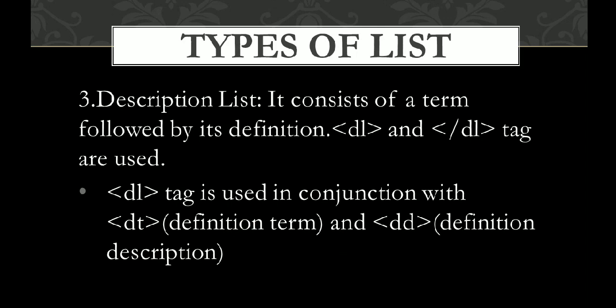It means if you want to write some term in your web page in HTML, then you need the DT tag for writing that term, and if you want to write some definition for that term, you need the DD definition description tag. Okay, so let us see these things with the help of code.